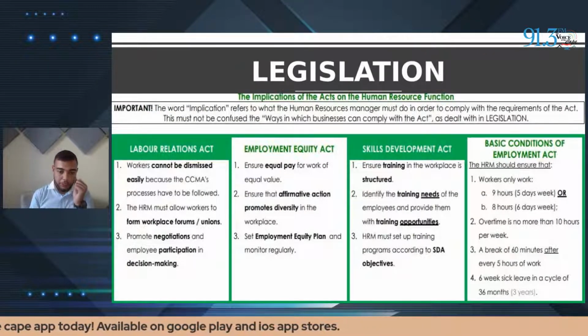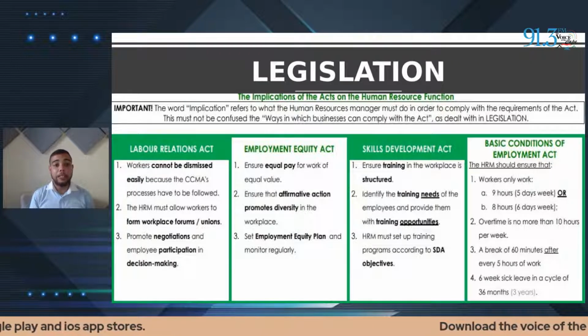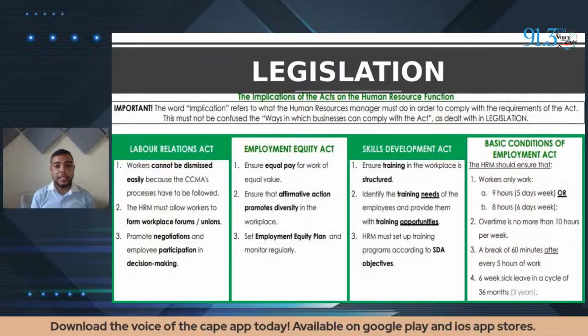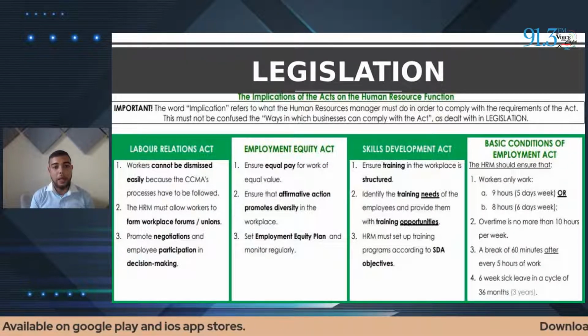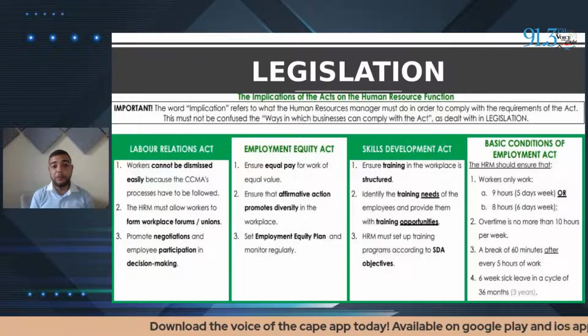The legislation. Once again, legislation has taken place in business environments and too will take place in the HR management. Reason being, we now need to look at the implication of the act on the HR function. So, LRA, Labor Relations Act, workers can be dismissed easily because the CCMA's processes have to be followed.